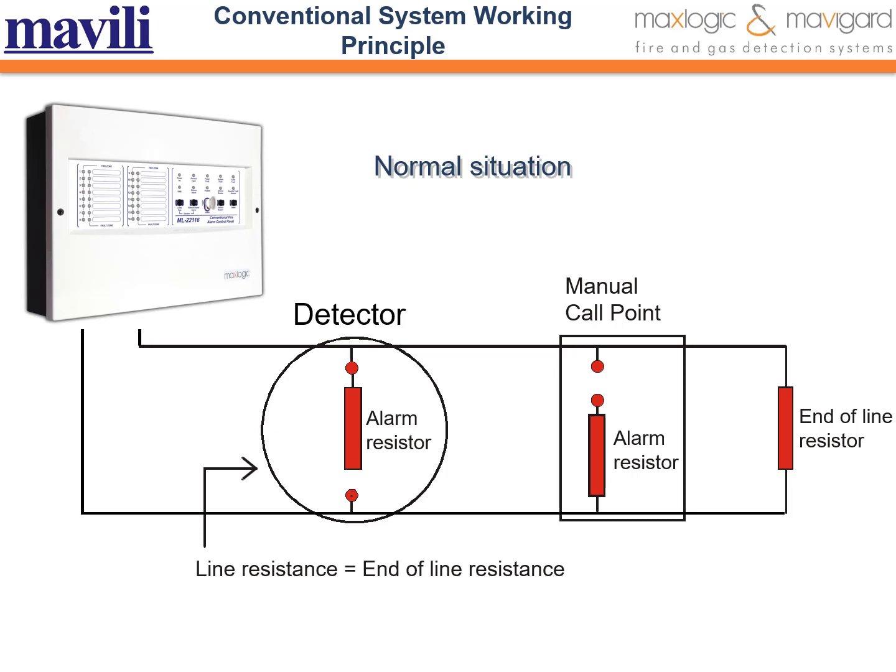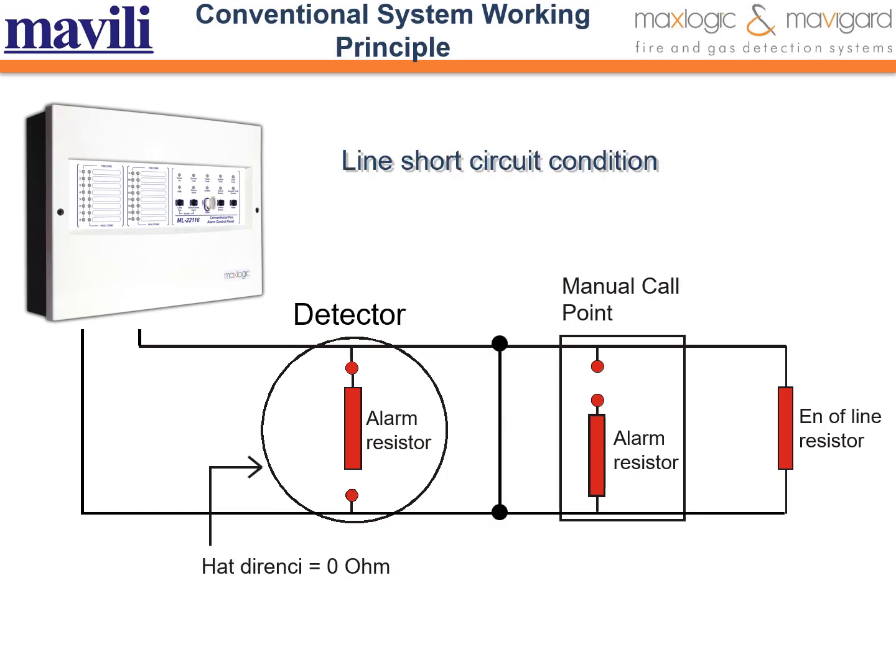That is, the line resistance and the end-of-line resistance are equal. In case of a short circuit in the zone line, the line resistance is measured as 0 ohms. In this case, the fault LED of the relevant zone lights on the panel.